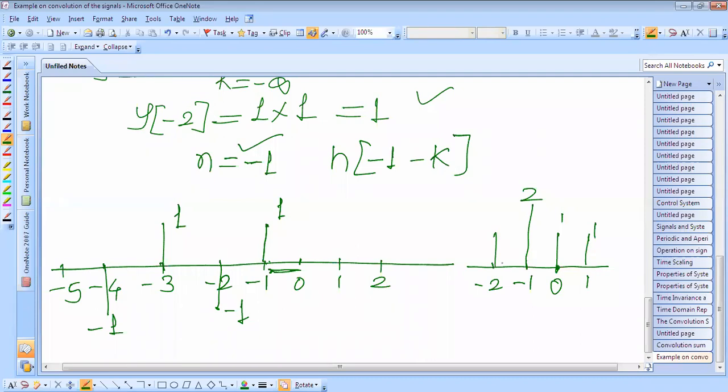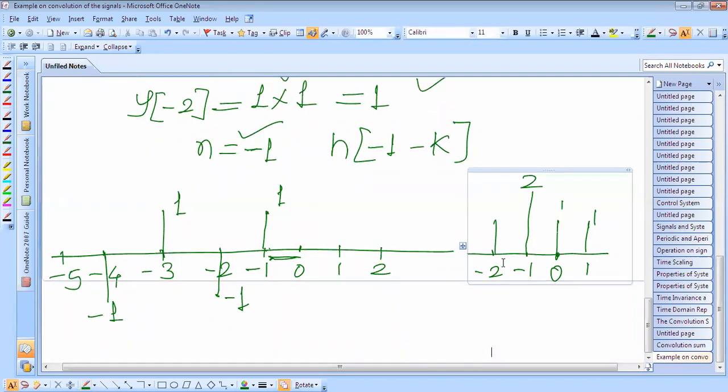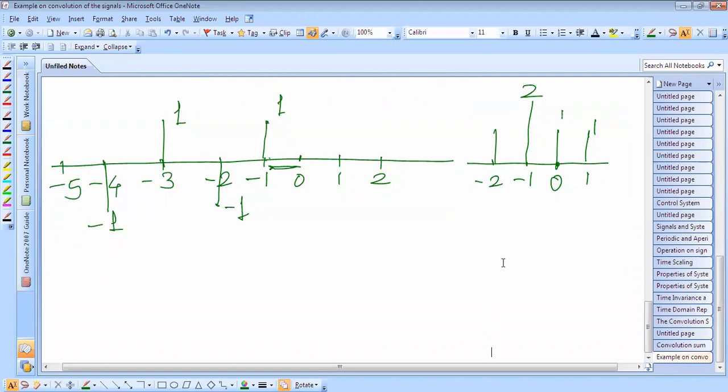Now we have to find y of -1, because we are finding this for n is equal to -1. So y of -1 can be found. Now see, this is the input. The input at -2 is 1, into what is the value at -2 of the impulse response? It is -1.